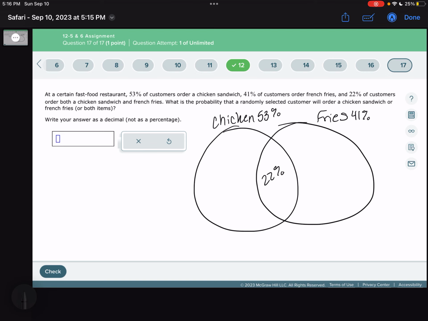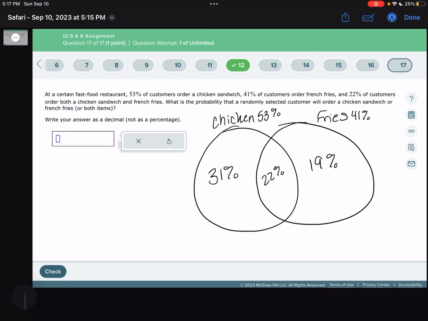So the way that I'm going to figure this out, since I know 22% are both, I'm going to do 53% of my chicken people minus the 22% who also get fries, so 31% of my people just order chicken sandwiches. And I can do the same thing with my fries. 41 minus 22, that means 19% just order fries. 22% order both.